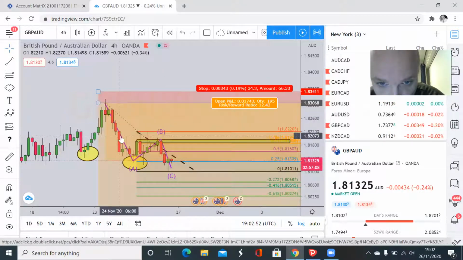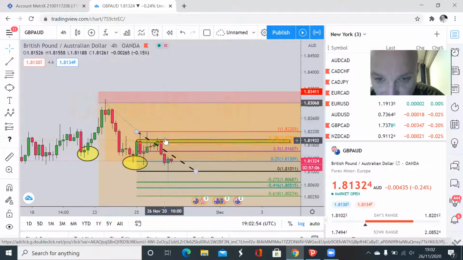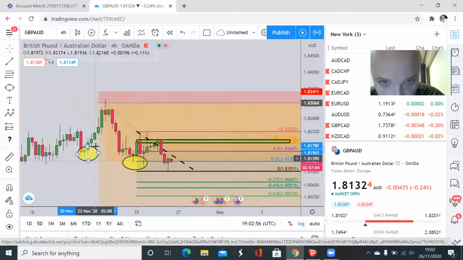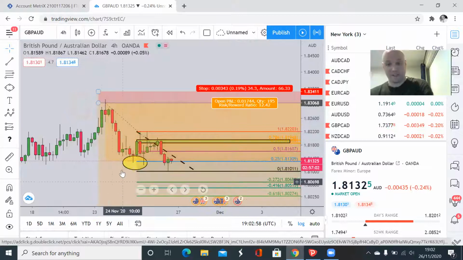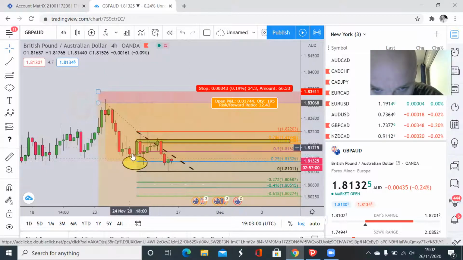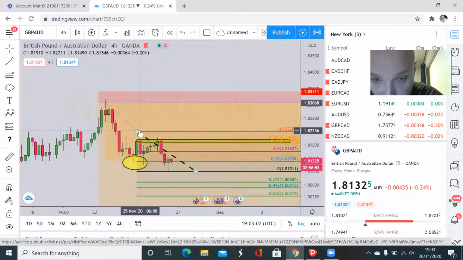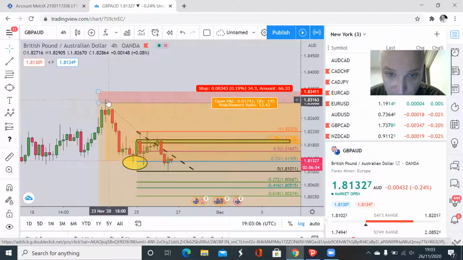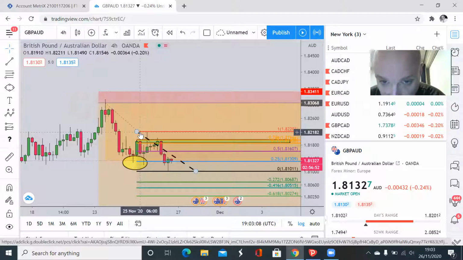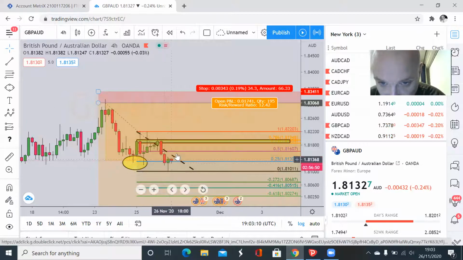Okay, so I'm just going to get rid of this. Let's get rid of that. I just don't want to overcomplicate things, so I'm just going to concentrate on one area, to be fair. This here has broken this structure. Okay, so we go from the high point of the previous lower high, coming up from this high point down to the lower high. We've come down, and there's a retracement going on.